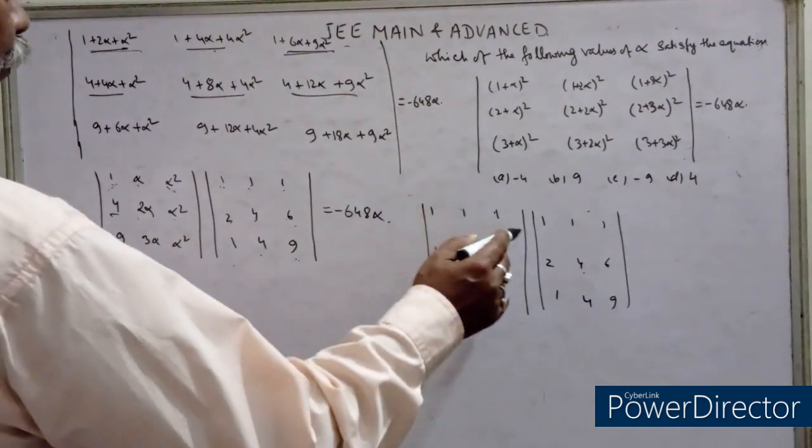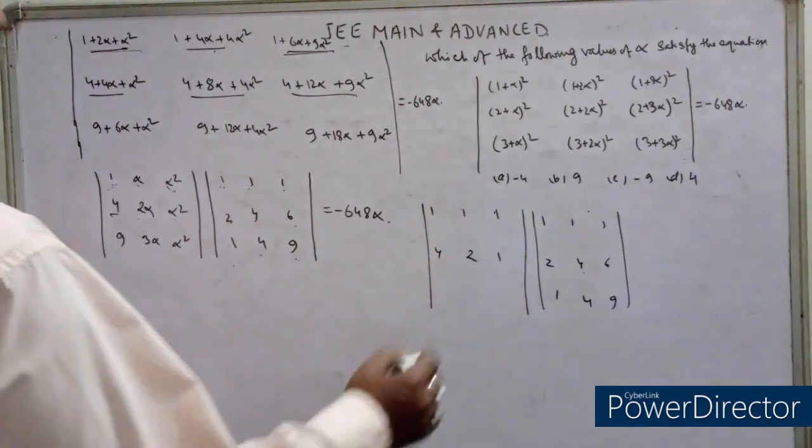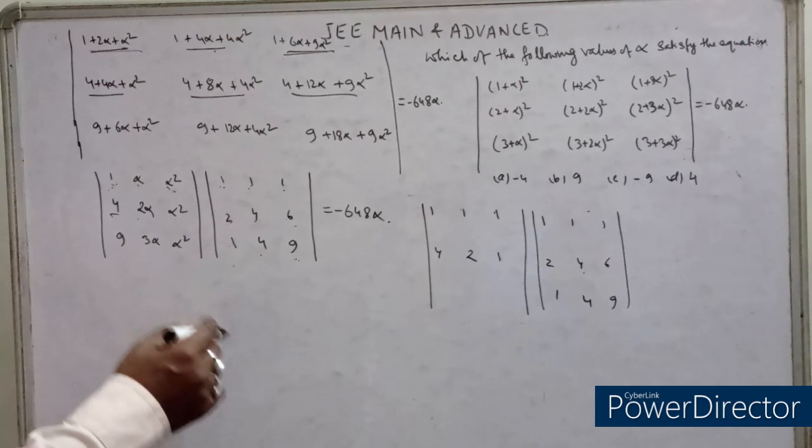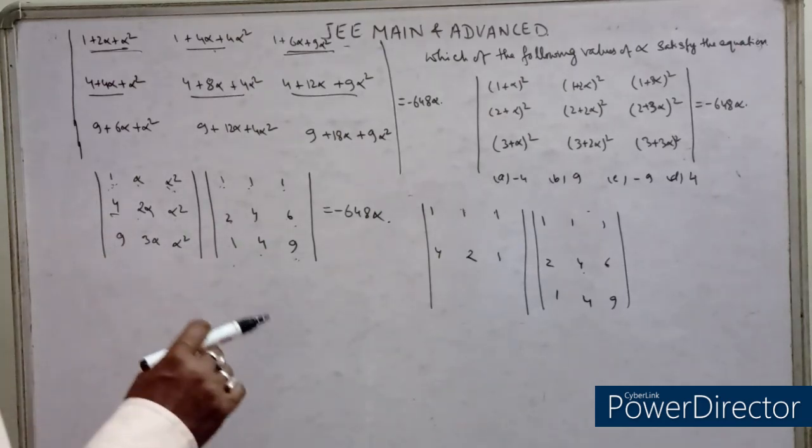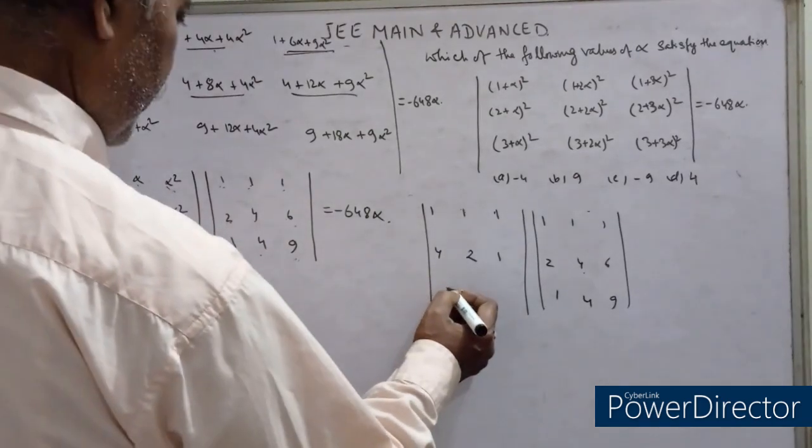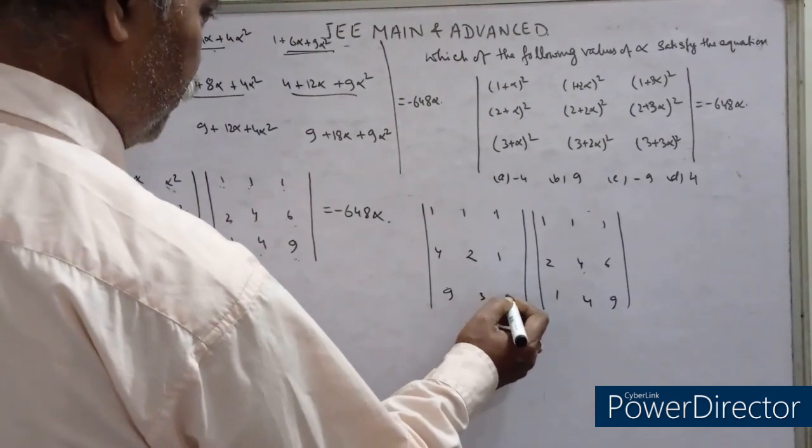So here 4 into 1, 2 into 2, so this. This is how I arranged this and made this into 9, 3 and last will be 1.